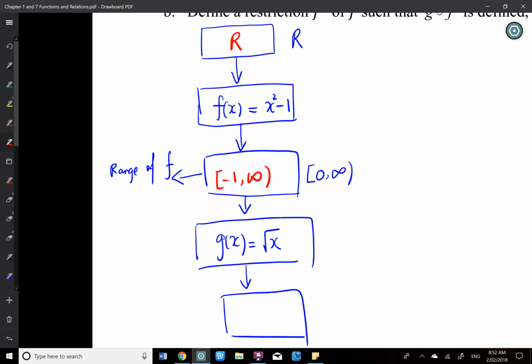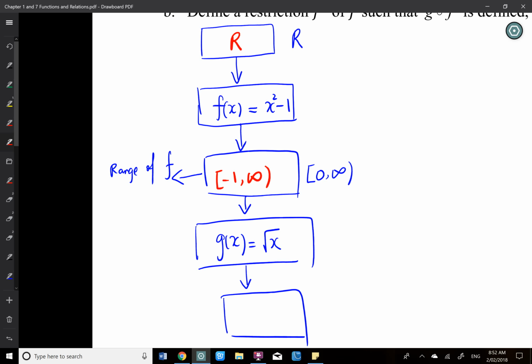We have a larger range compared to the domain of g(x). So part of the range of f cannot fit into the domain of g. That's the main reason why this composite function does not exist, why this whole composite does not work.